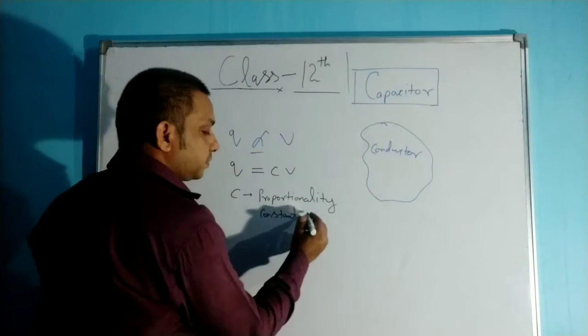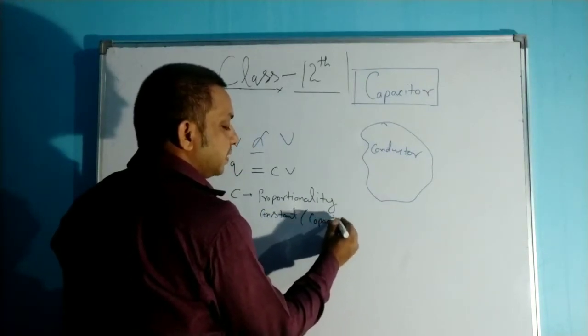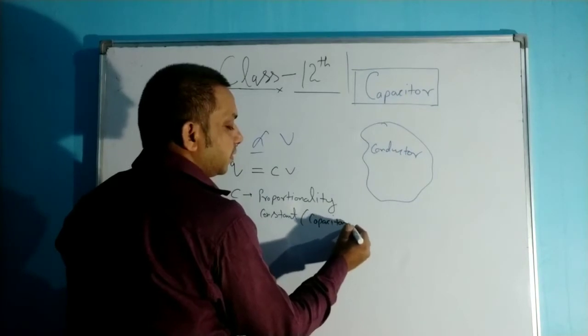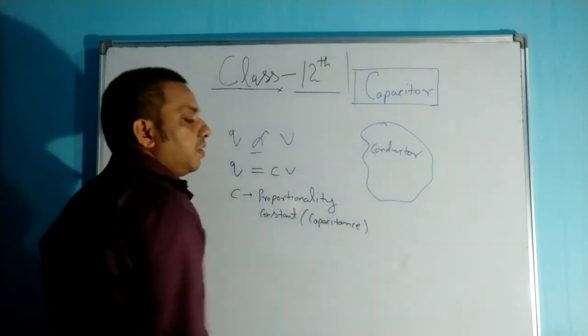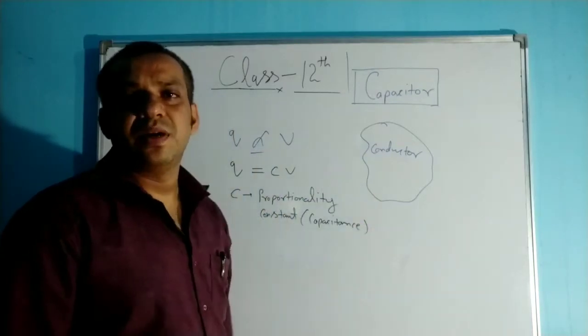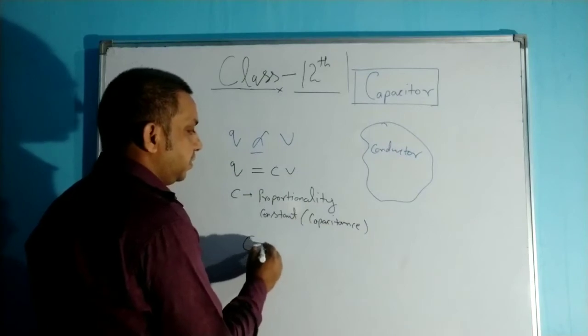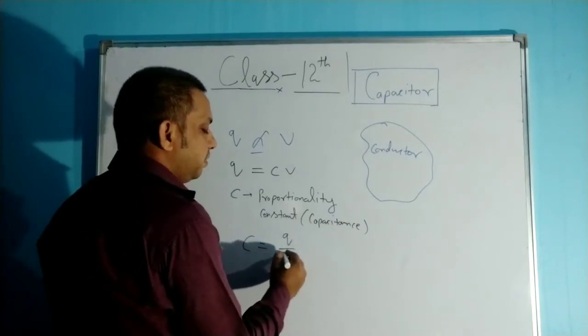That indicates the capacity of this conductor. So from this formula, you can write C is equal to Q divided by V.